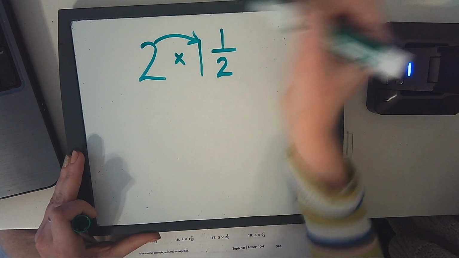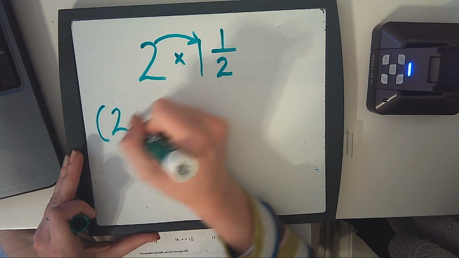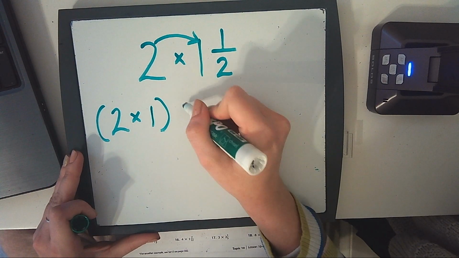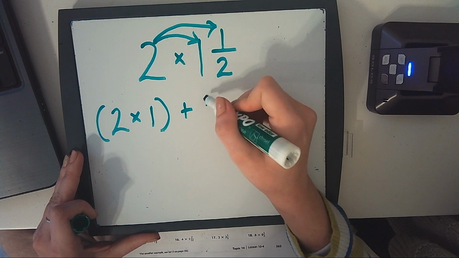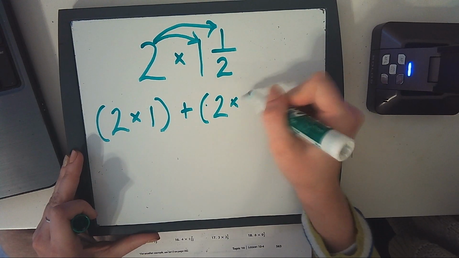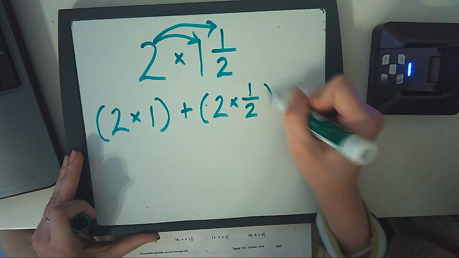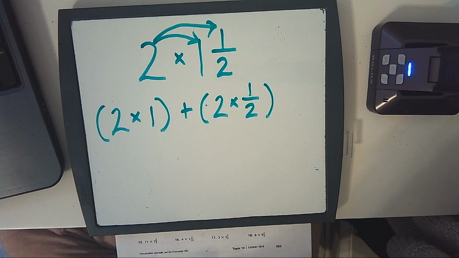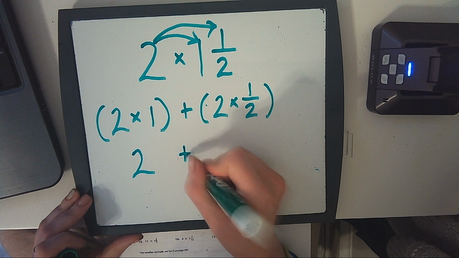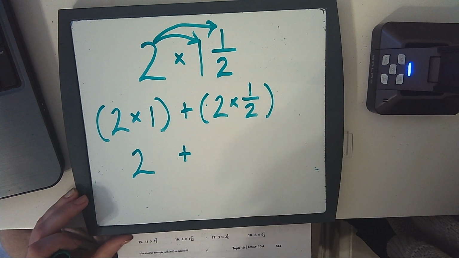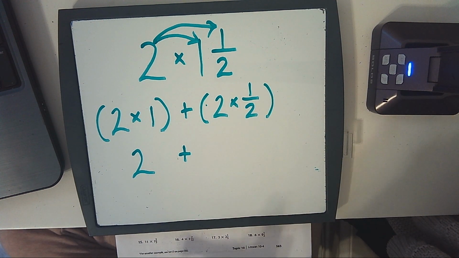Arrows. We know our first equation is 2 times 1 plus our answer for 2 times 1/2. I know 2 halves make a whole. 2 times 1 is 2 plus 2 times 1/2. That should be easy. 2 halves make a whole.